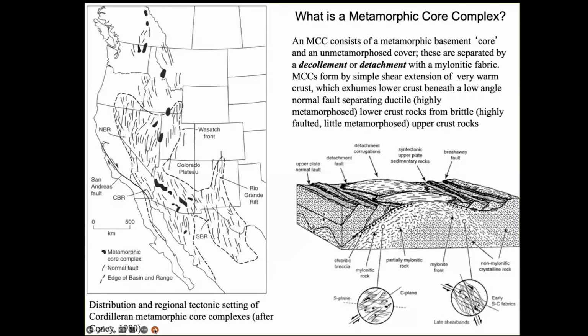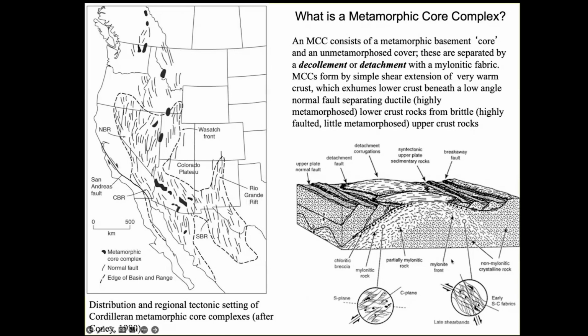All right, what is a metamorphic core complex? So here we have a map showing the metamorphic core complexes of the Western United States in black. There's one there in Mexico, quite a few in Arizona. That's where it was figured out. Here in Nevada, and Idaho, and up into British Columbia.